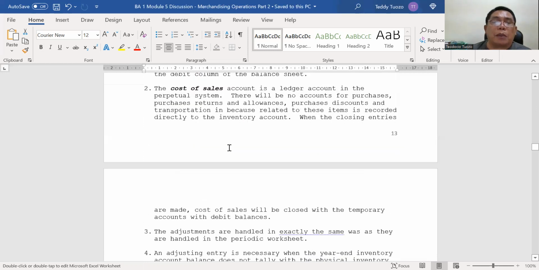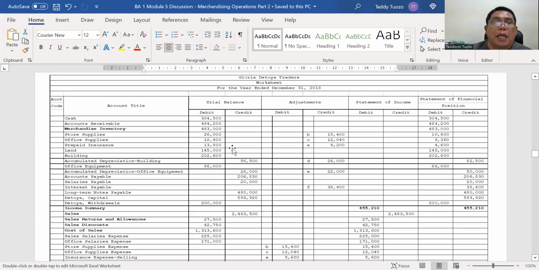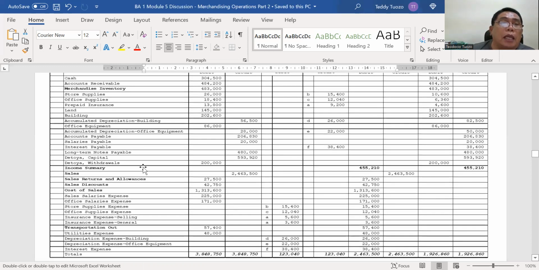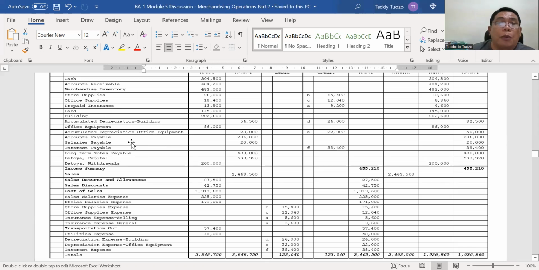So for the worksheet in perpetual inventory, in my example in the adjusting journal entries, you take note that the purchases are gone. Why? Because they are replaced with merchandise inventory. And the cost of sales is nonexistent.